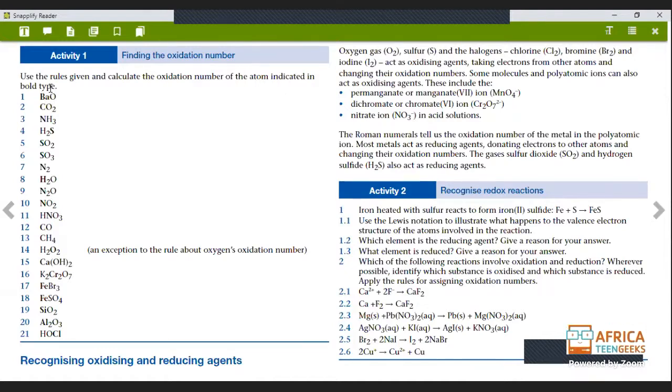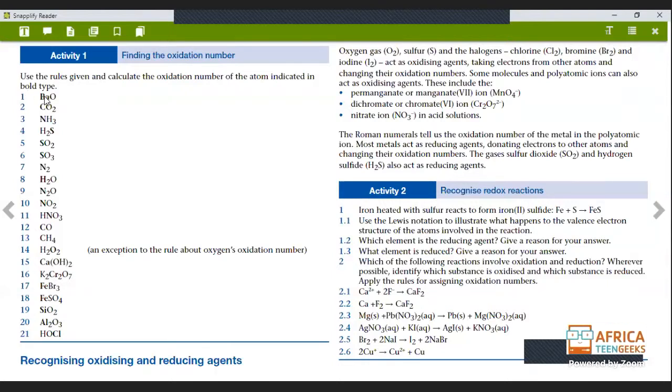For example, with BaO, we know from the rule that O is -2, and it changes if it's a peroxide, but this is not a peroxide. So O is -2, which means our Ba will be +2, because they cancel each other out. It's 2 minus 2, and we have no charges left.